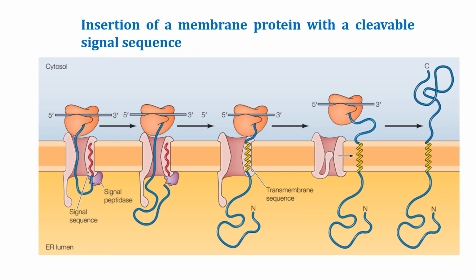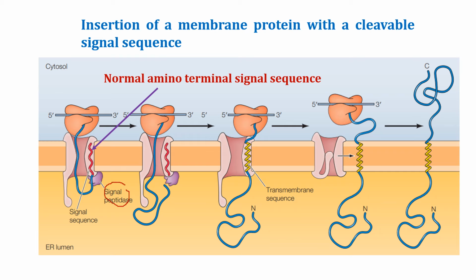Some transmembrane proteins have a normal amino terminal signal sequence, which is cleaved by signal peptidase during translocation of the polypeptide chain through the translocon. The growing amino terminal portion of the polypeptide is then translocated into the ER and translation proceeds.